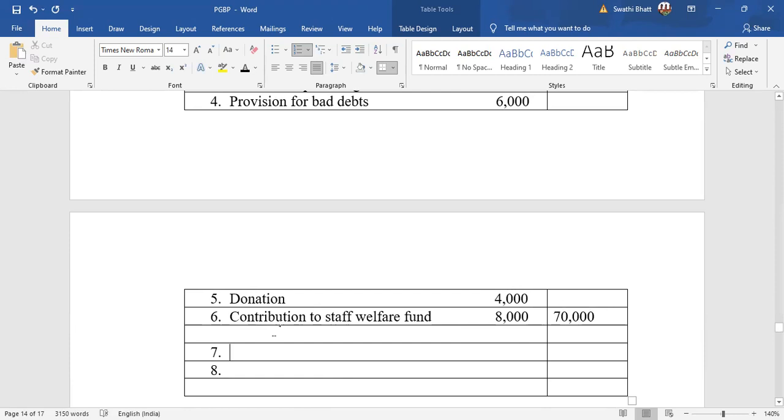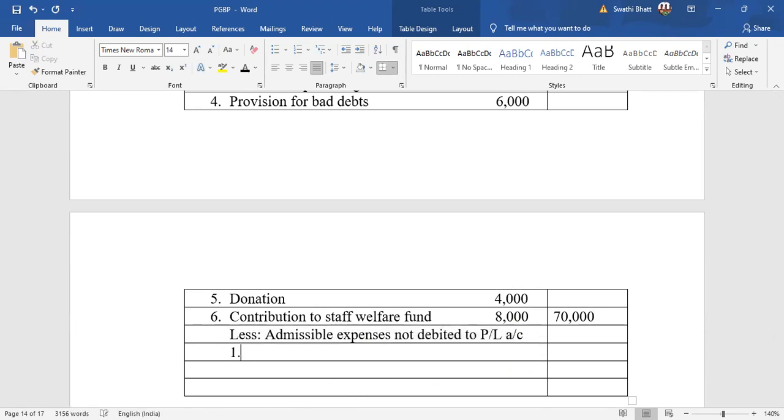So the next thing that we are supposed to do, the next heading is, less: admissible expenses not debited to P&L account. This is where you show your depreciation, which is allowed, not debited to P&L account. So this is the point where you show your depreciation.